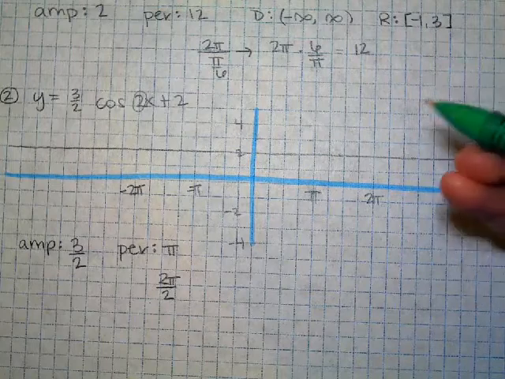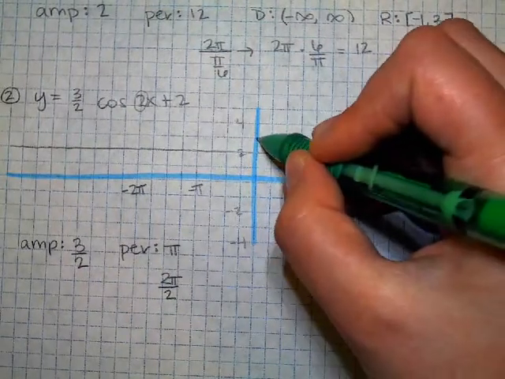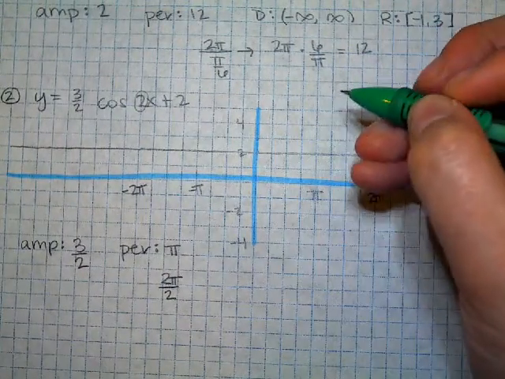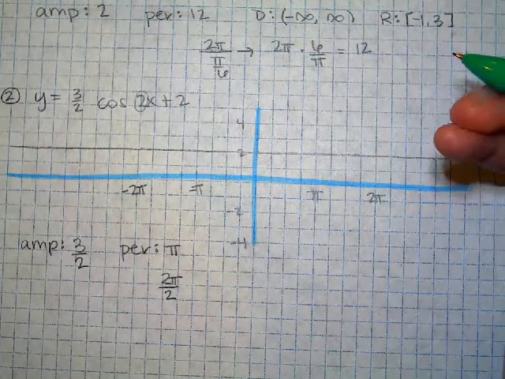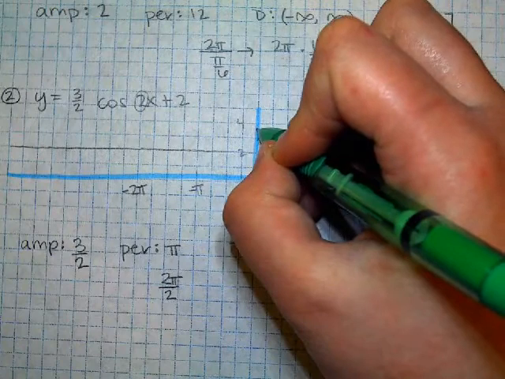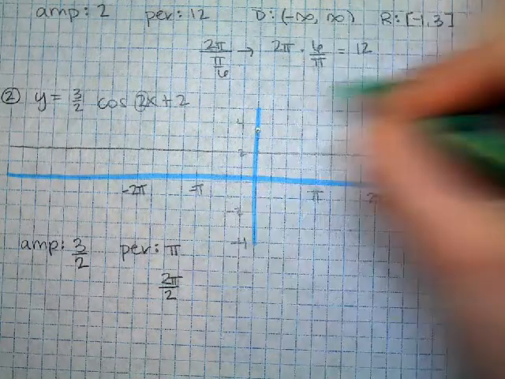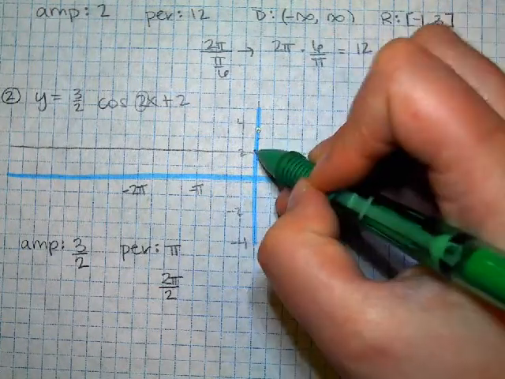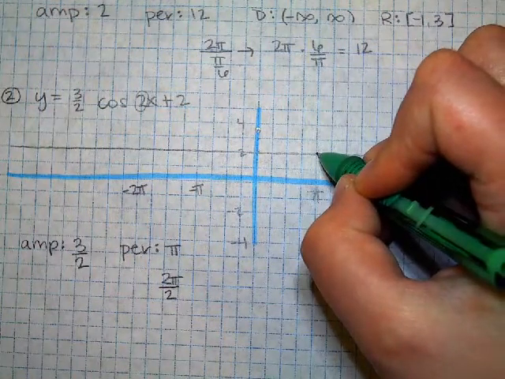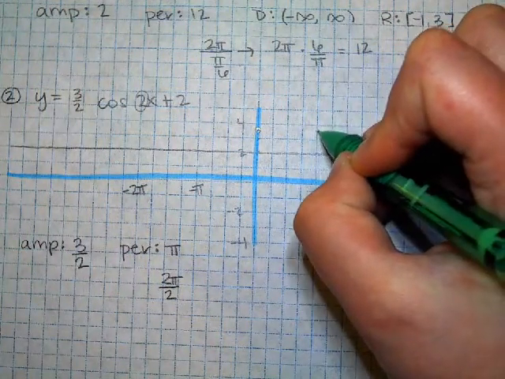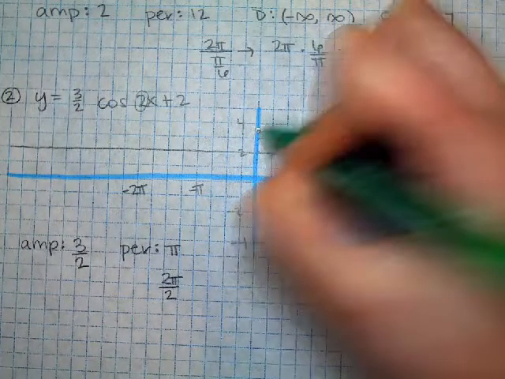So how much up should we go? More than 1. How much up should I go? 1.5. So go up 1.5. Okay, so beginning we go up 1.5, and then we go to the end and we go up 1.5. Okay? And then what do we do in the middle?